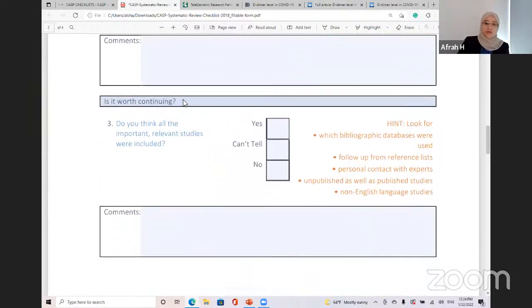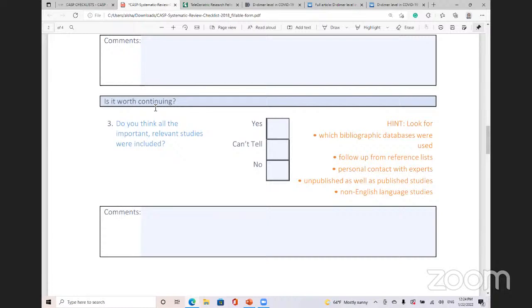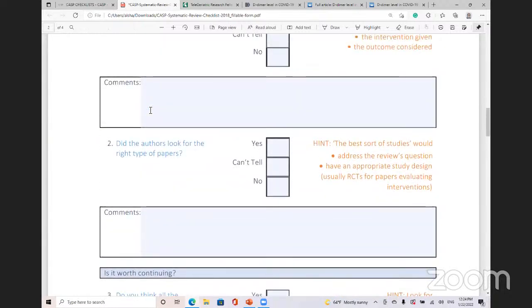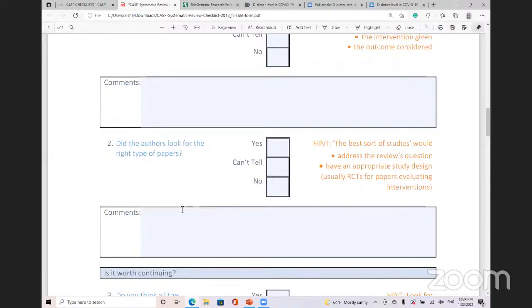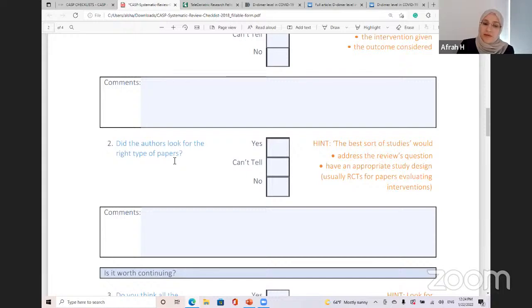Is it worth continuing? Yeah. Why are you agreeing with it? It's yes. Sorry? Why did you say they looked for the right type of papers? Because they exclude any papers that are not included in their criteria.